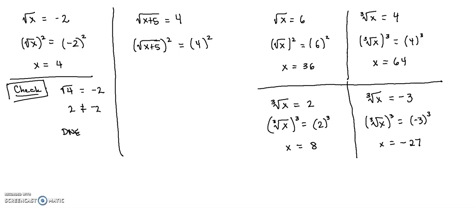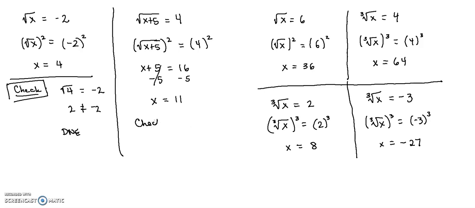We've got something going on here, but it's still square root and then square. They happen at the same time, so they're going to cancel out. And we're going to get x plus 5 is equal to 16. So we square the left. 4 squared is 16. Now we solve. And we get that x is equal to 11.